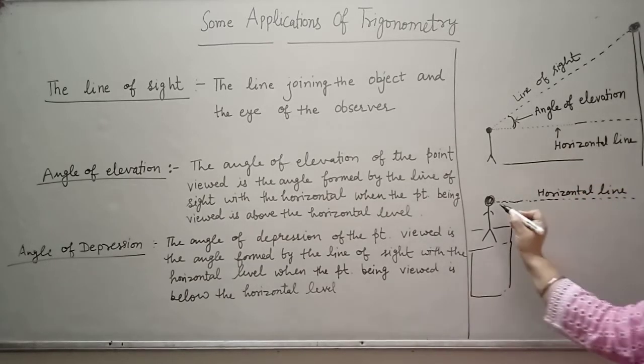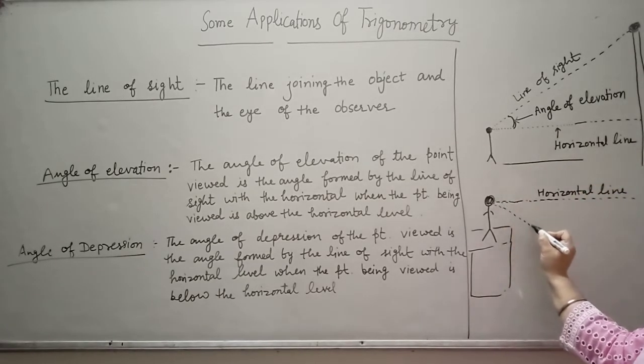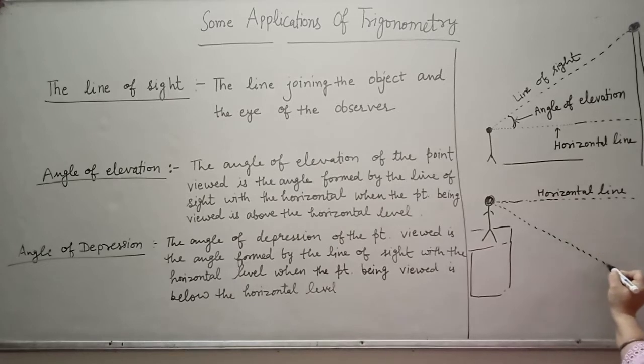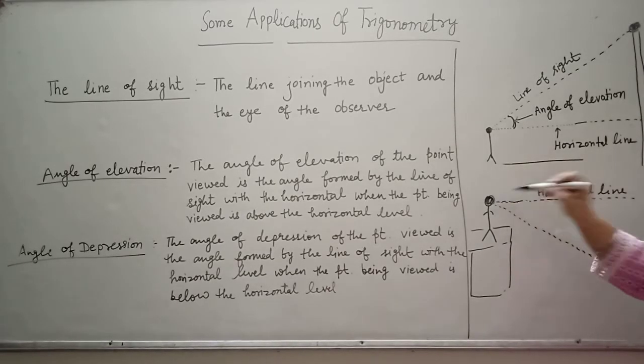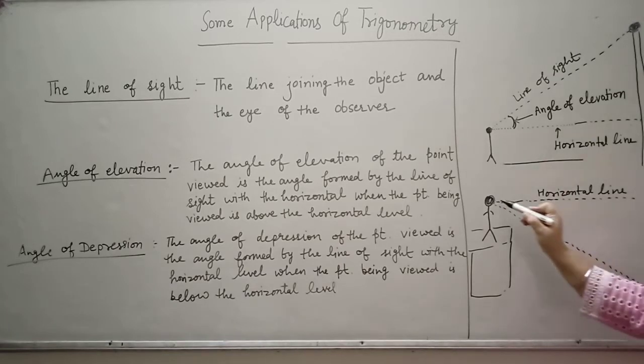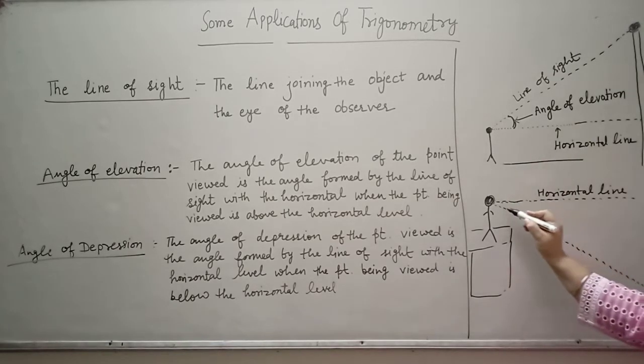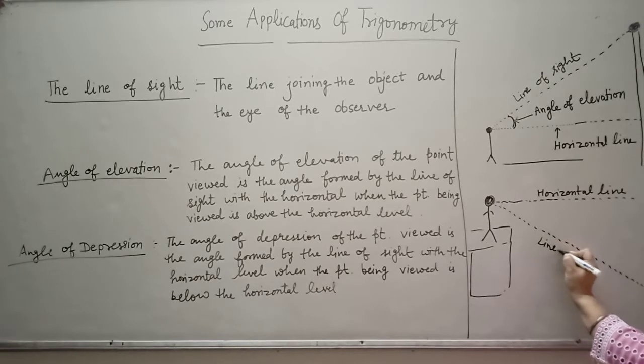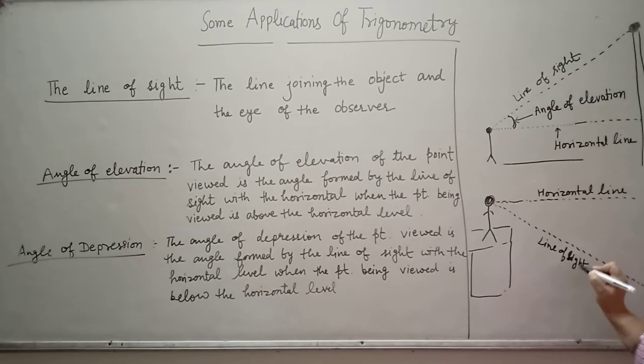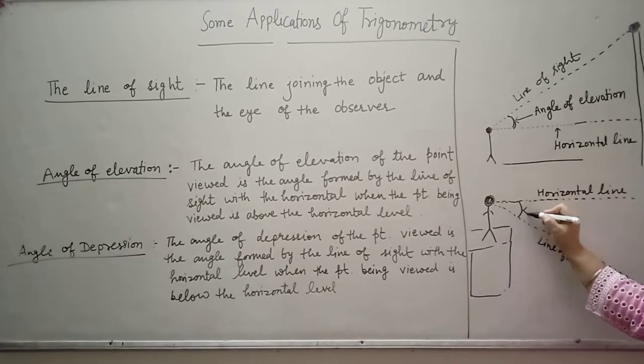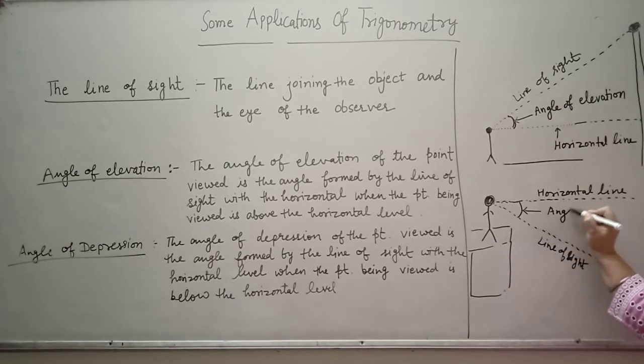When you draw the line of sight, what is the line of sight? The line of sight is the line segment which joins the object and the eye from where you are watching. So this is the line of sight. Now this angle is known as the angle of depression.